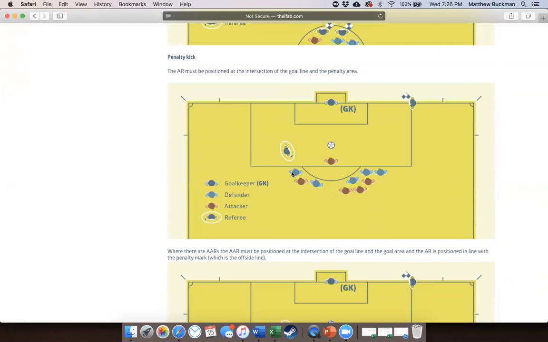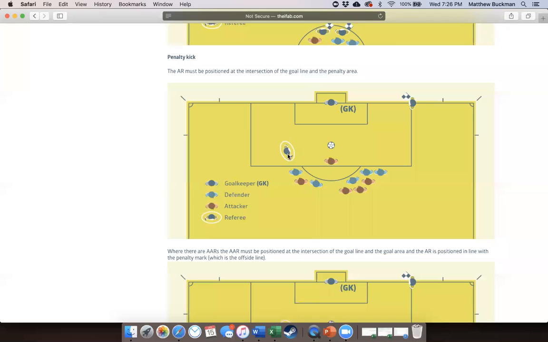Sometimes you'll have players jockey to stand in front of each other here. We just need to pay attention that they're not doing anything inappropriate. Now, the reason that the referee stands here is because their primary responsibility is to watch both the shooter and for potential encroachment from these players. Now, these players on the outside are not allowed into the penalty area until the ball has already been kicked.